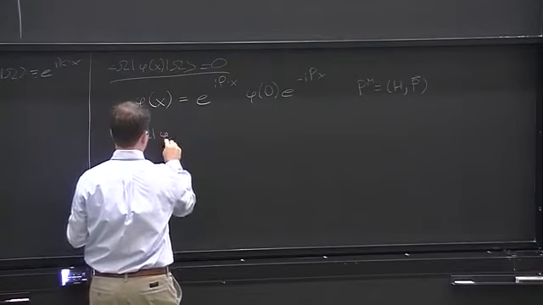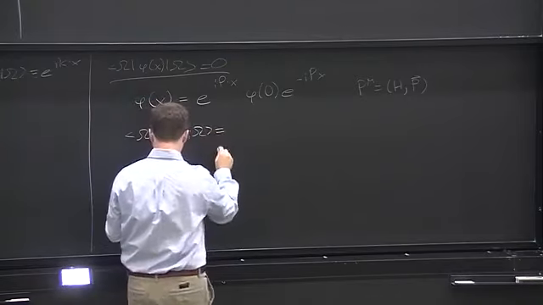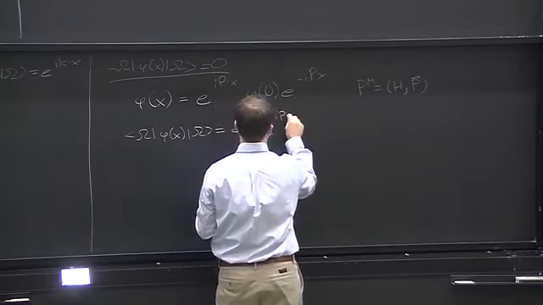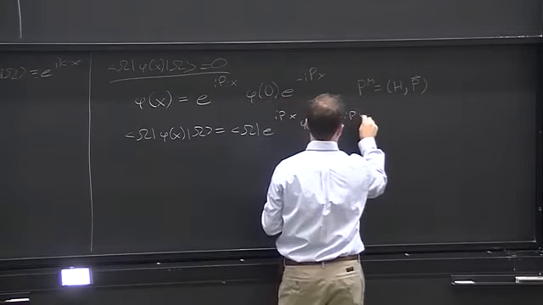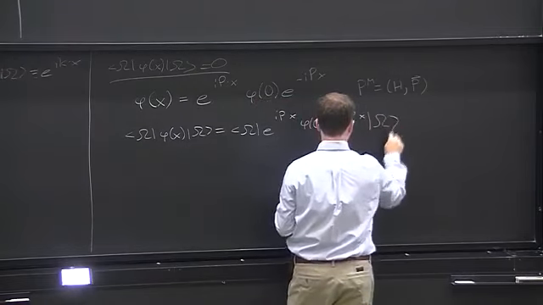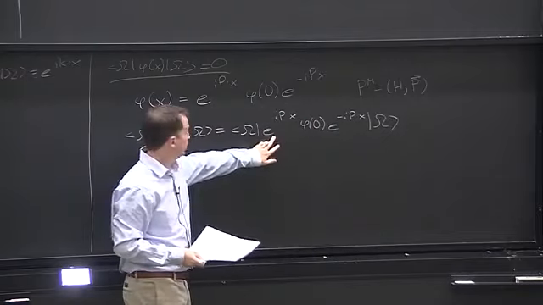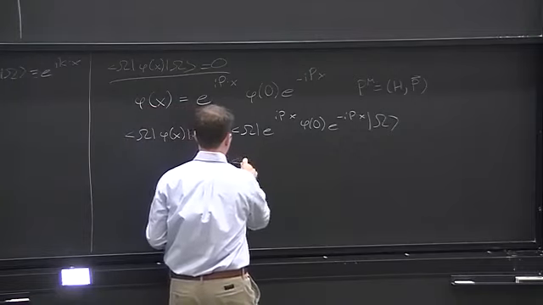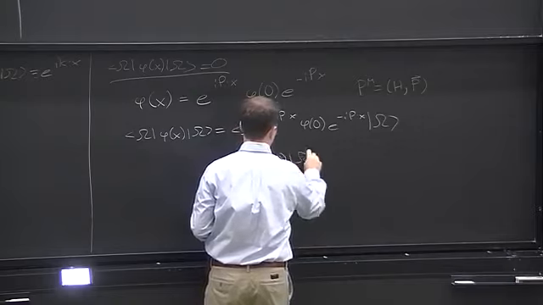And so that tells us that phi, the vacuum expectation value of phi, should be this. But by assumption, the vacuum is translation invariant, so we can also write this like this.